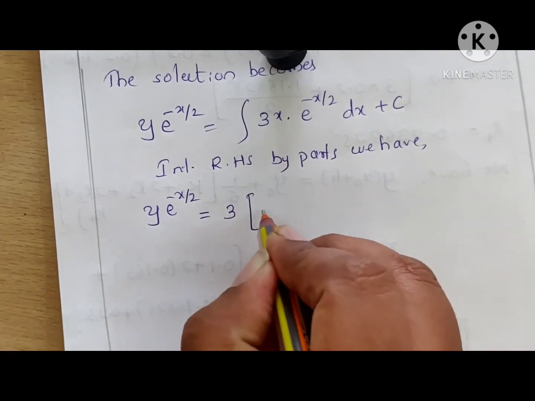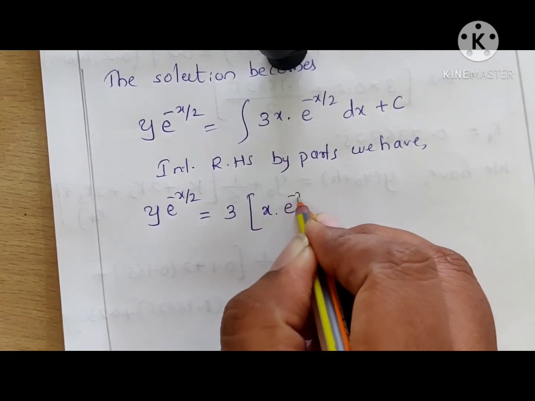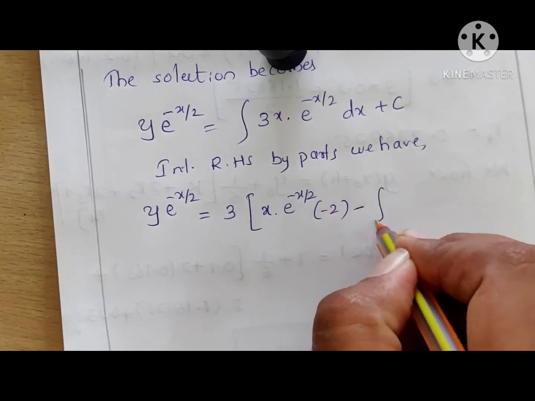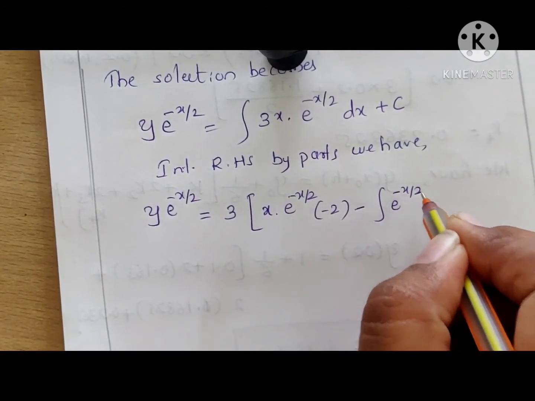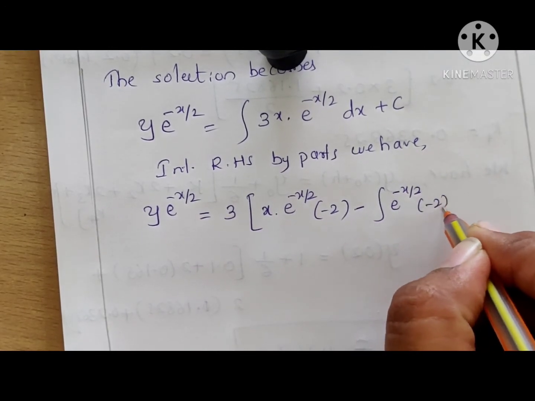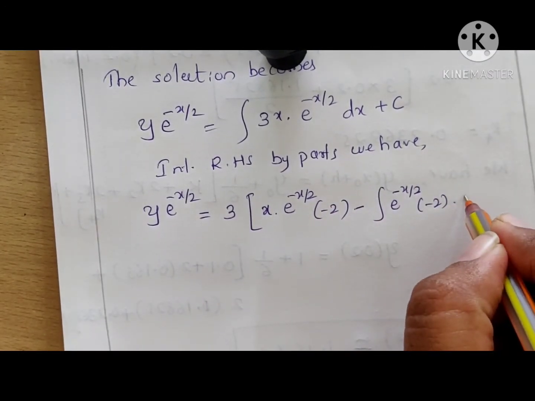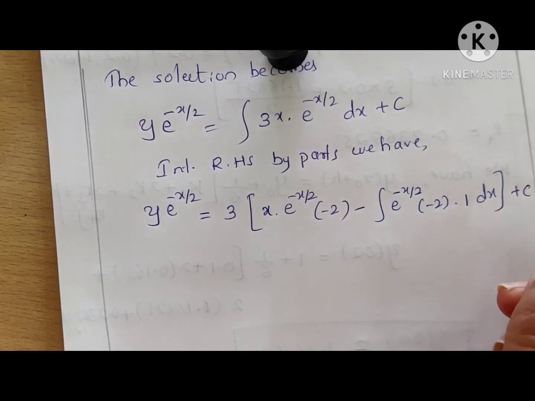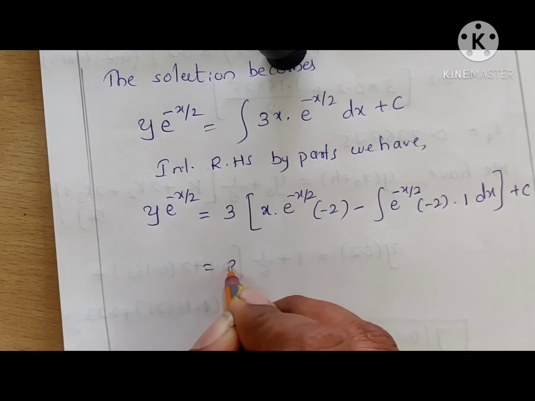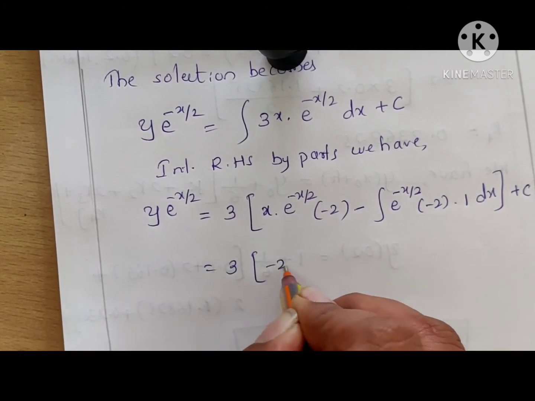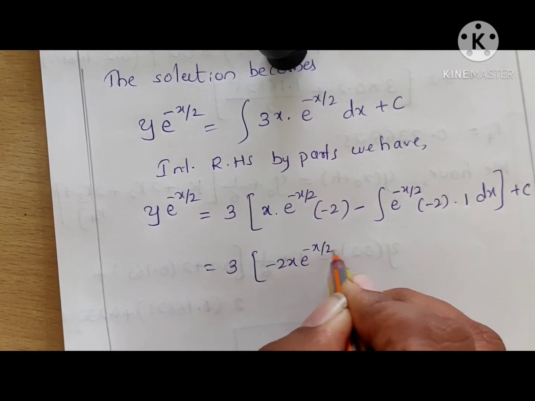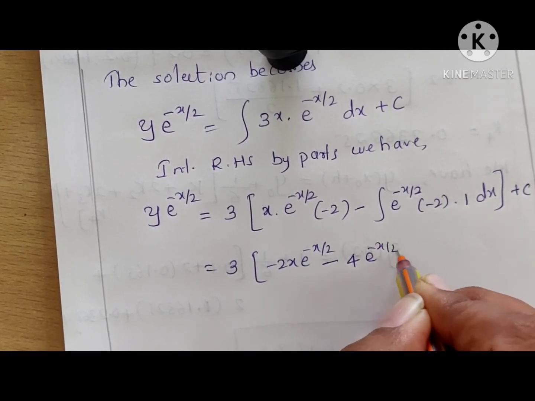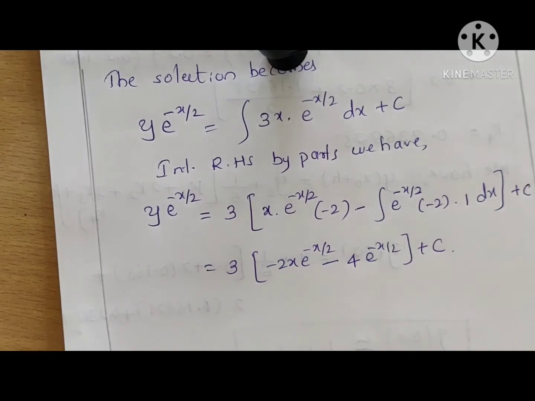Now x into e raised to minus x by 2 divided by minus 1 by 2, minus integration of e raised to minus x by 2 into minus 2 into differentiation of x, which is 1, dx, plus c as it is. So it is 3 into minus 2x e raised to minus x by 2 minus 4 e raised to minus x by 2 plus c.